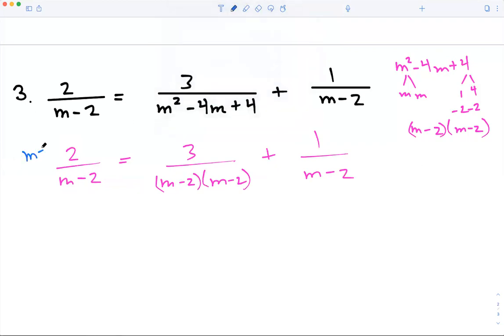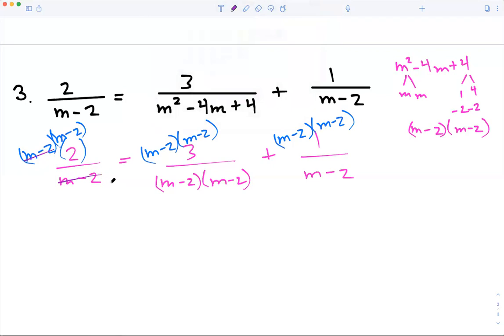And also the other m minus 2, we have 2 of them, right? So we need another one up there. M minus 2 times m minus 2. Perfect.